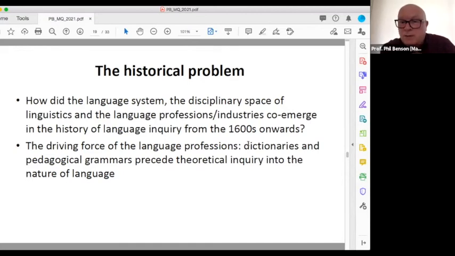But I think historically, the opposite is the case, that in a sense, theoretical linguistics has been driven by applied linguistics and the various products, particularly in the earlier stages, dictionaries and pedagogical grammars.